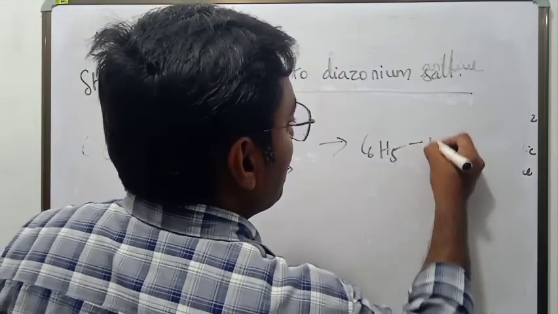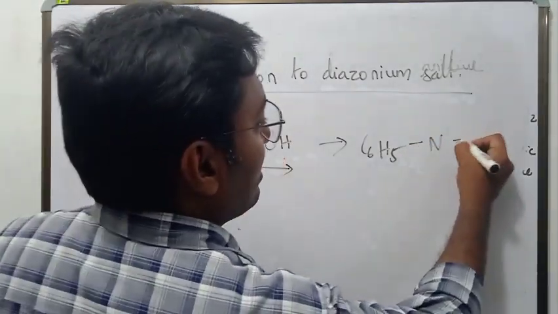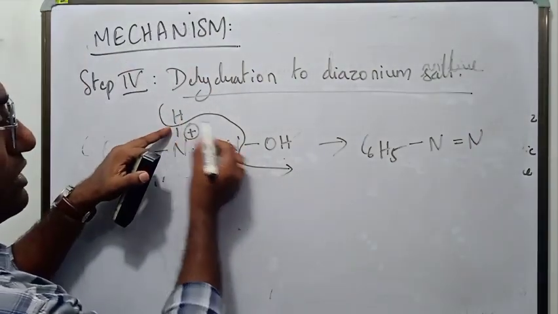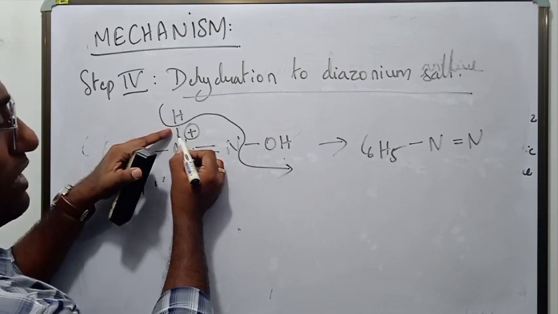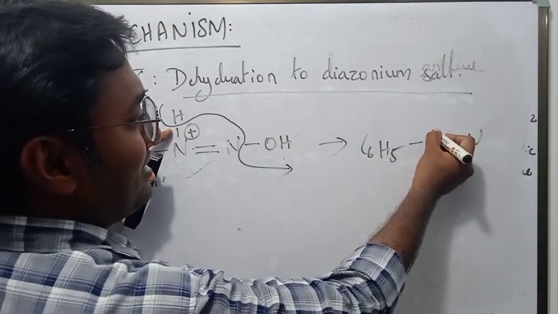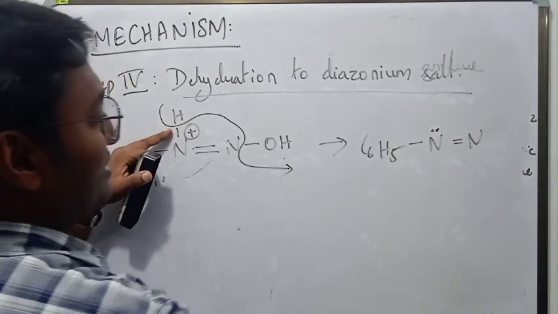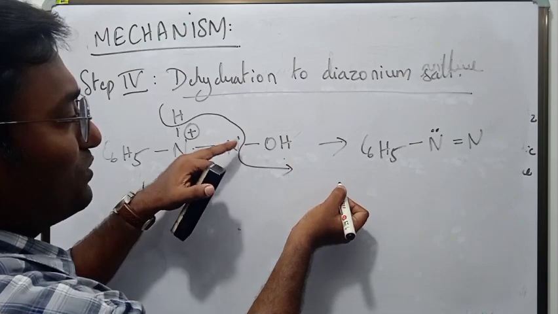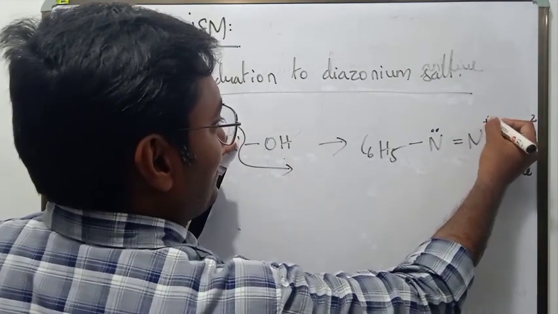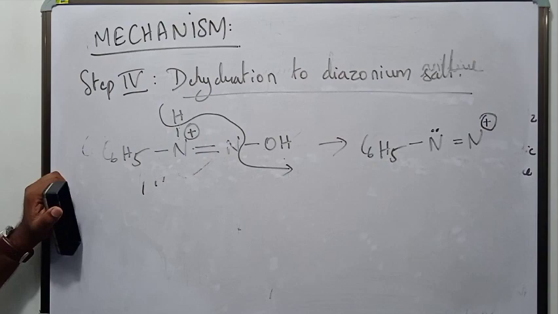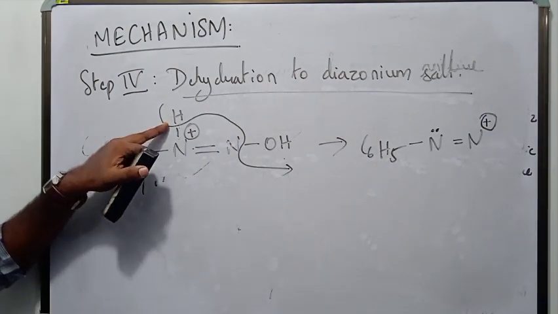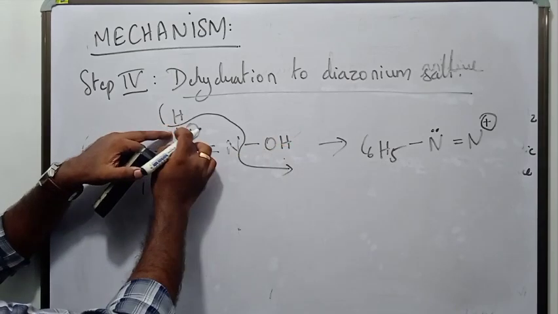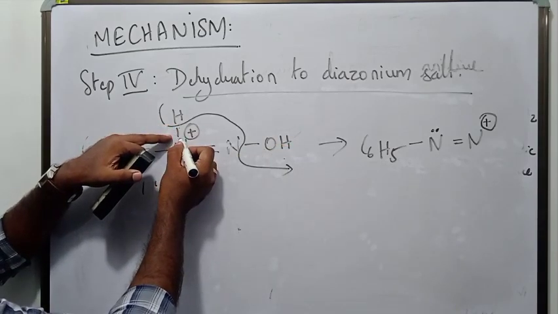C6H5N. Right? When this H goes with OH, this pair of electrons is left here. When this OH goes, it takes the pair of electrons with it. So this nitrogen becomes positive. Am I right? When this H goes with this OH and becomes H2O, this pair of electrons comes here and this positive sign goes.